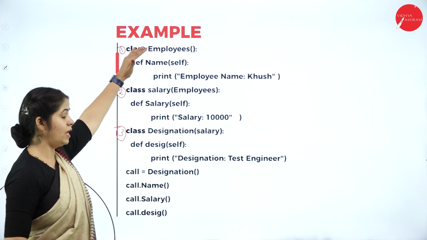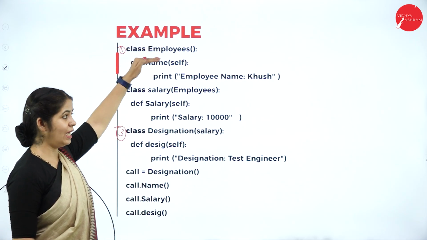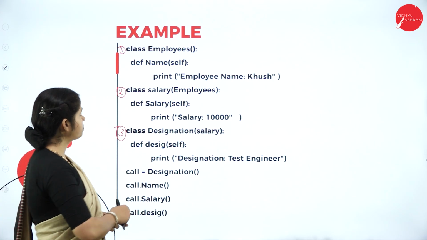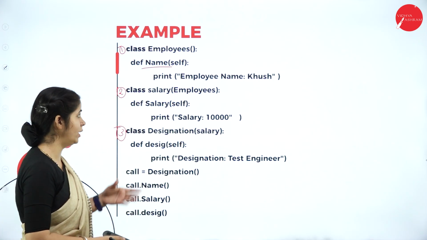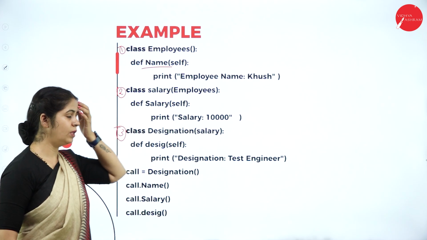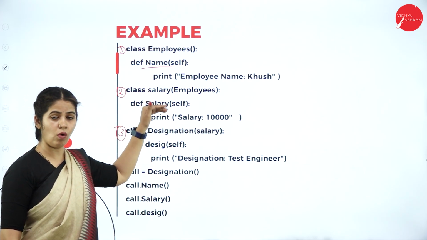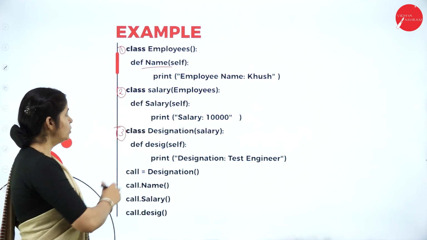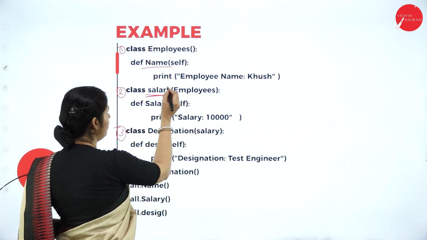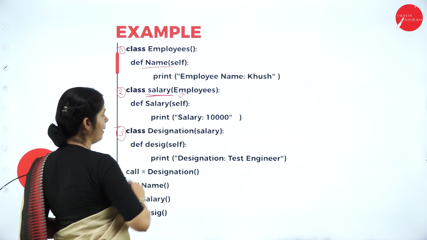In the first level, what is the base class? That is Employee. It has its own method called name. The name of the employee is something, and then he is working for the salary. So Salary is derived from the base class Employee.